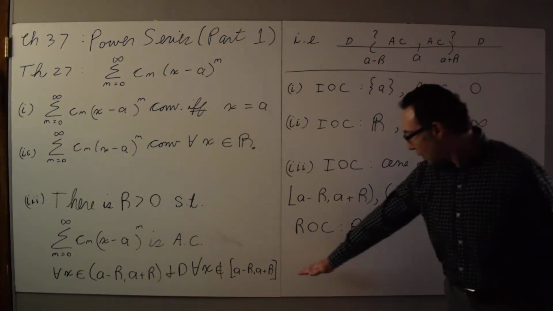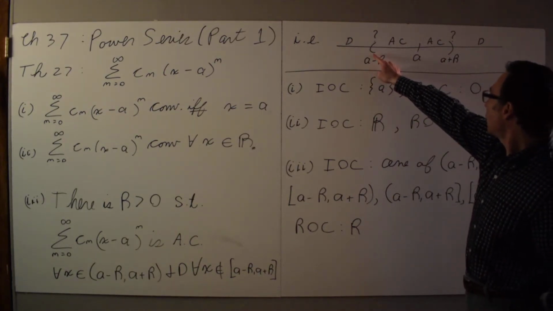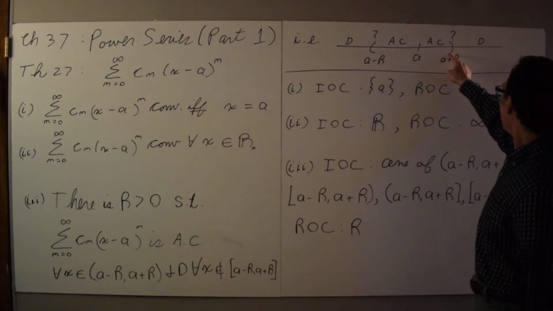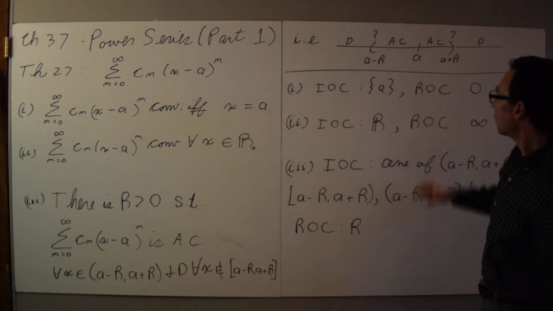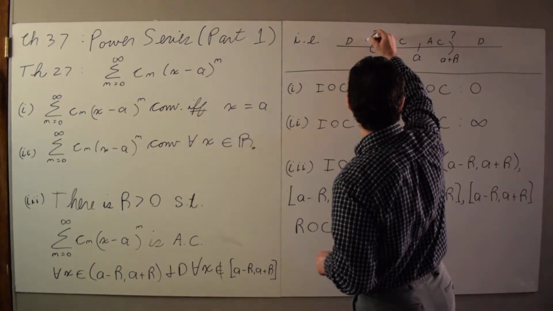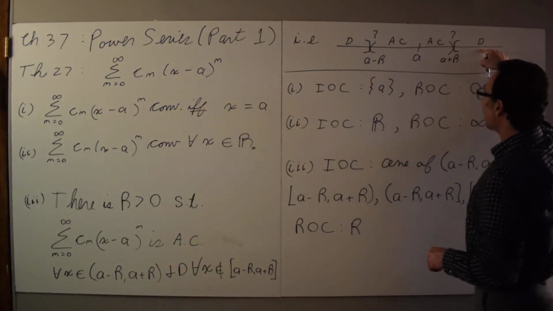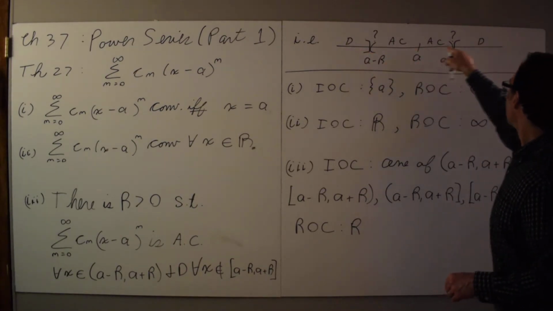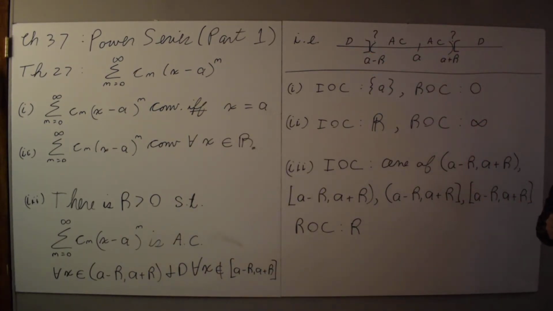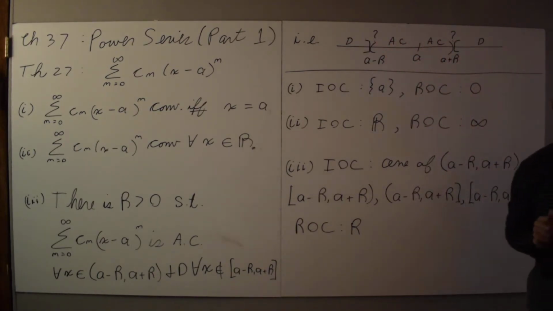So if this is our case right here, we know that our series is absolutely convergent on this open interval. It's going to be divergent outside the closed interval. So on this part here, it will diverge there. What it does at the actual endpoints, I have question marks here.